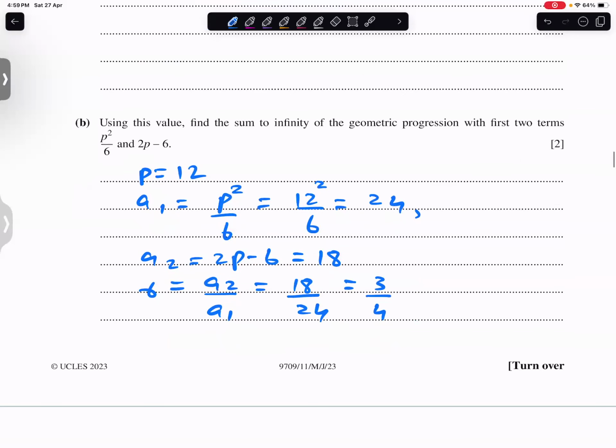Okay, so the sum of infinite terms formula is S infinity is equal to first term over 1 minus common ratio. So first term is your 24 and your common ratio is 3 by 4. So 24 over 4 minus 3 over 4, which is just 1 over 4.